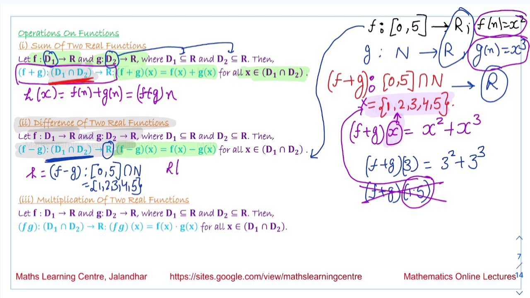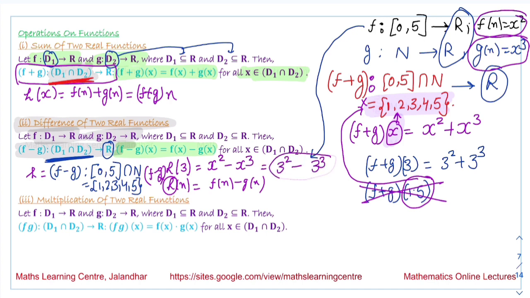So what is the value of h(3)? h(x), the new function we are talking about, is equal to f(x) minus g(x). We write this h in place of f minus g. Its value is x square minus x cube. So the answer we obtain is 3 square minus 3 cube.